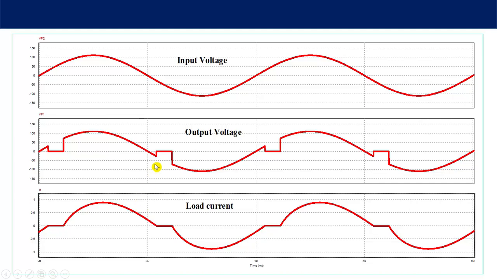Let's find the commutation angle or the extinction angle of the thyristor, beta. So this point beta we have to find now. Now you can see from here at theta is equal to alpha, this point current is 0. At the same time at theta is equal to beta, current is 0. So we will take help of this I equal to 0 to find this beta.